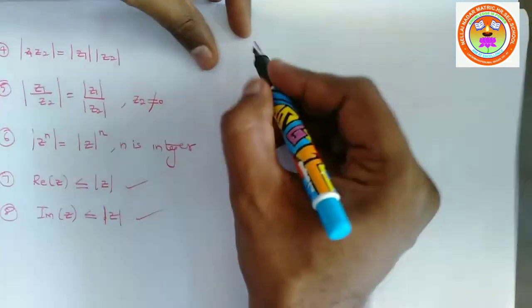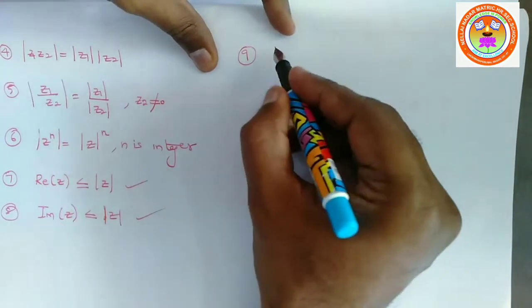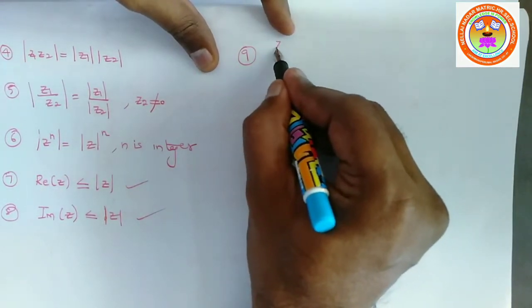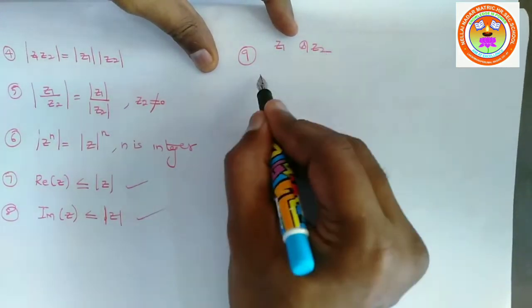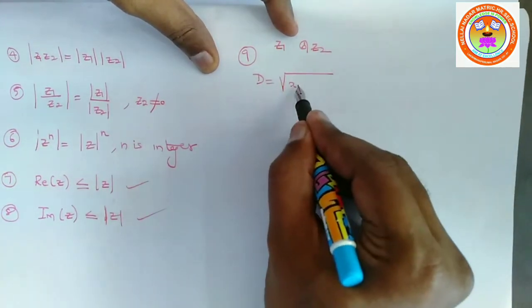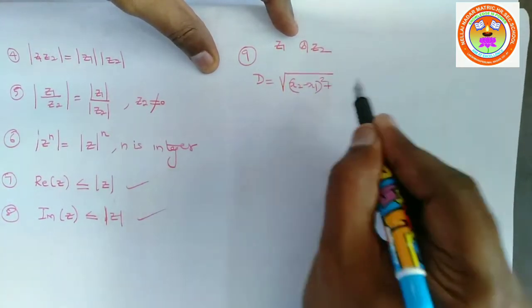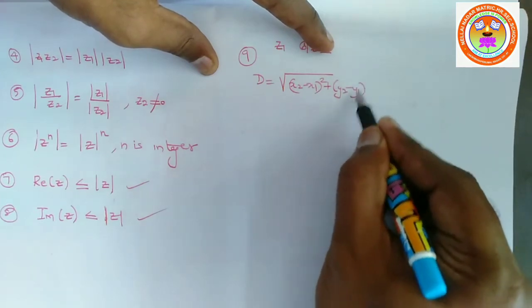So the ninth property: if I want to find the distance between Z1 and Z2, you know the distance formula. Distance is equal to square root of x2 minus x1 the whole square plus y2 minus y1 the whole square.